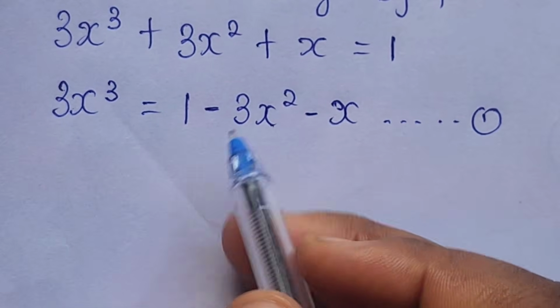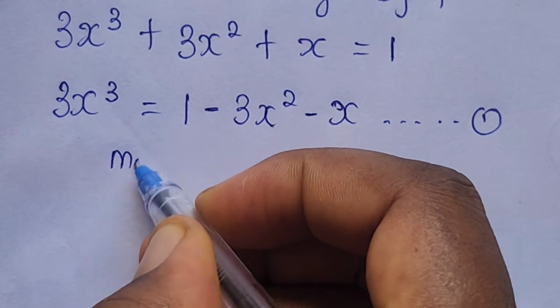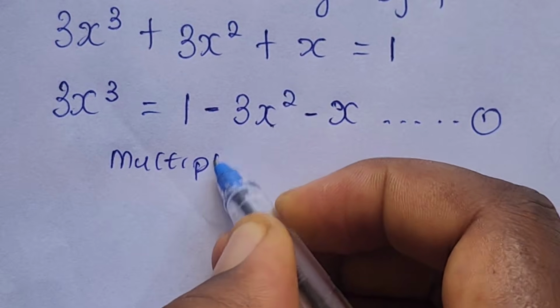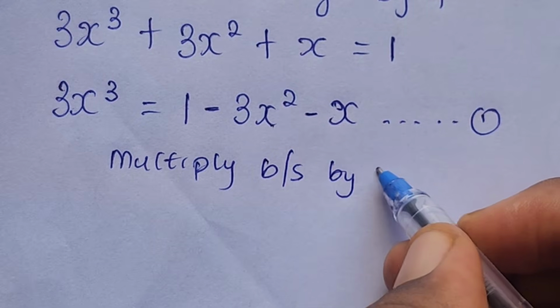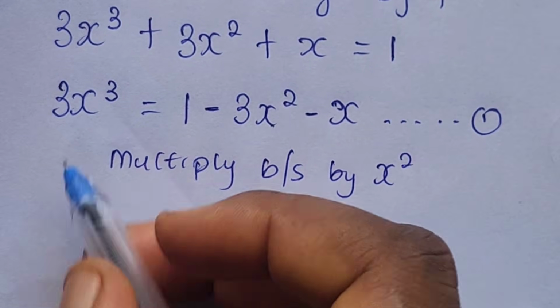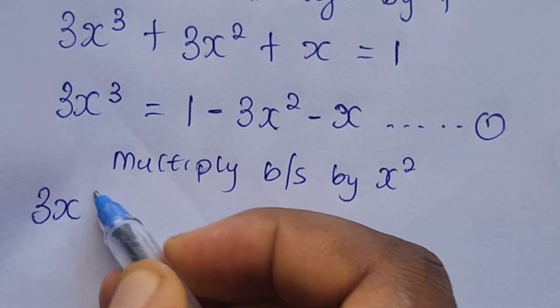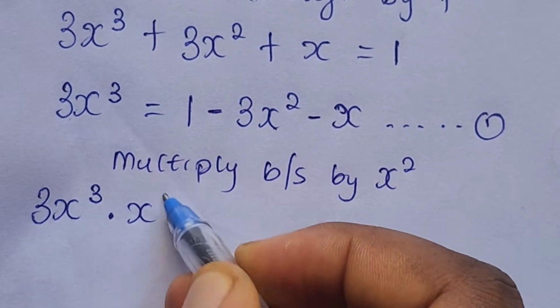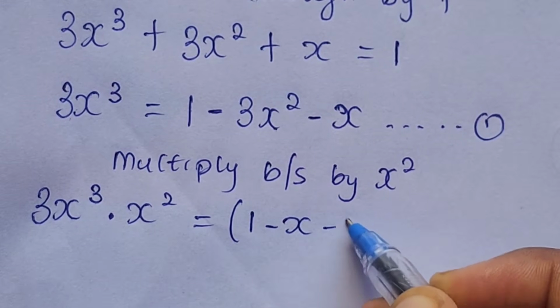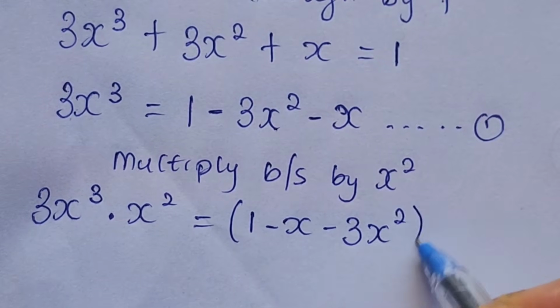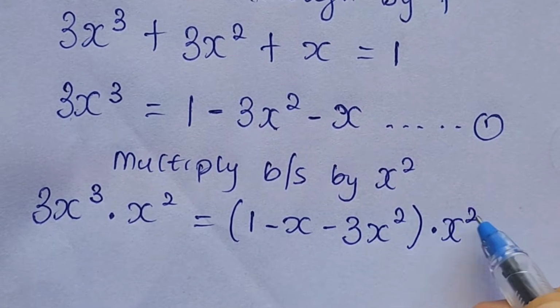So let's multiply both sides of this equation by x squared. We have 3x to the power of 3 times x squared equal to 1 minus x minus 3x squared times x squared.